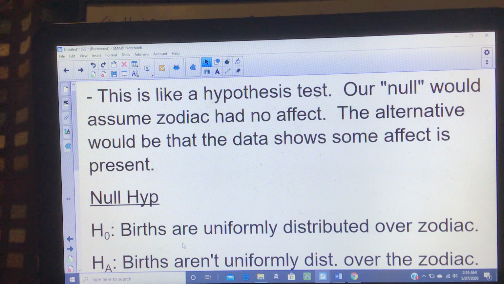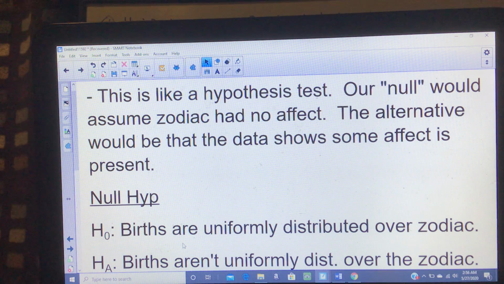If for some reason we have evidence that the null is not true, we'll go with the alternative. The alternative would be the opposite, that the births aren't uniformly distributed over the zodiac, meaning that some zodiac signs actually have more success than other zodiac signs, in which case we might be able to say, well, Pisces was the highest. Well, maybe Pisces are more successful in business, right?